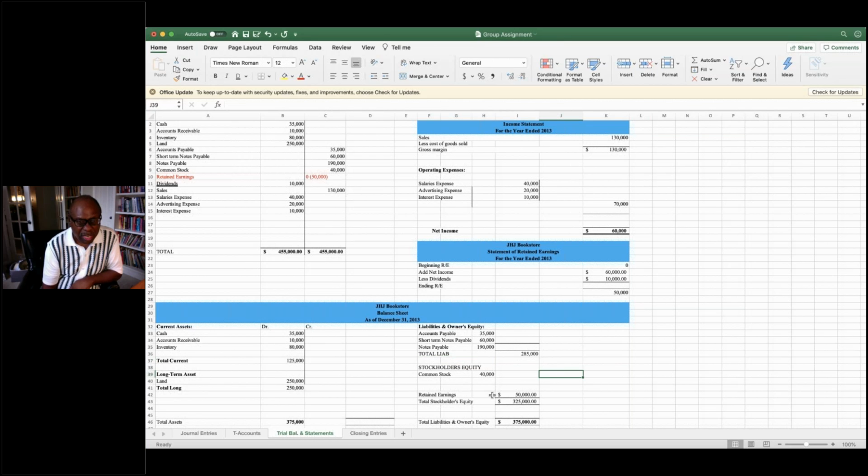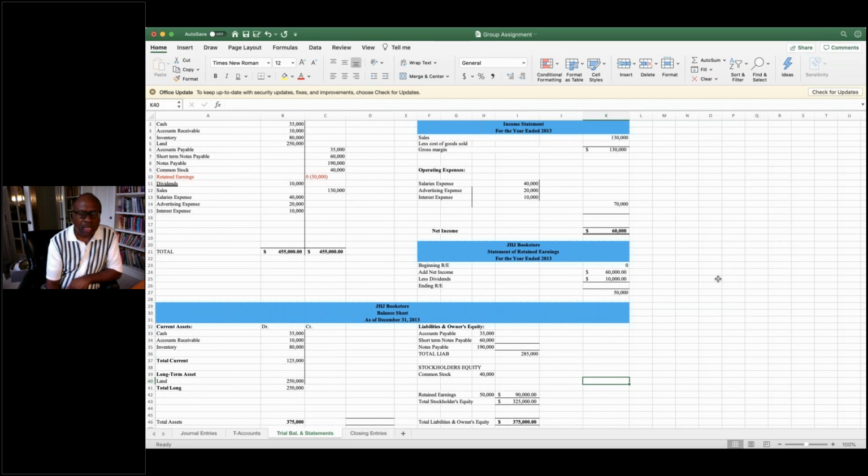Then we got the retained earnings, and that was what, 50,000? So I'll put the 50,000 here. And so our total stockholders' equity was what? 90,000. And hopefully that gets us to 375 and we're balanced.